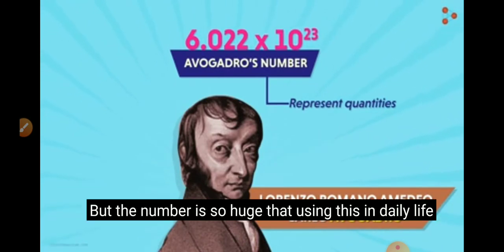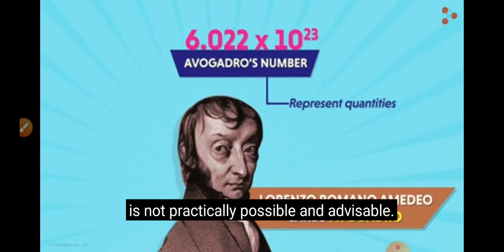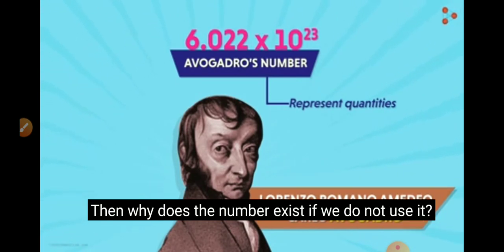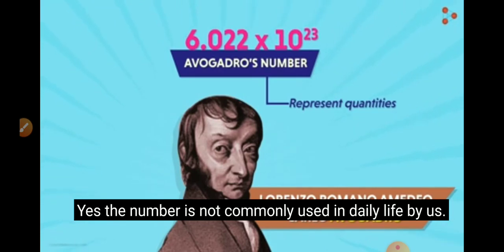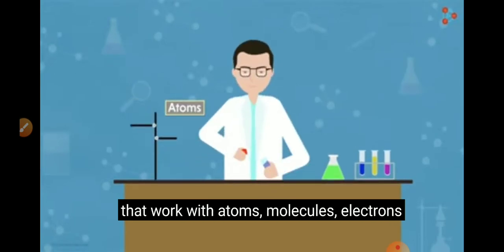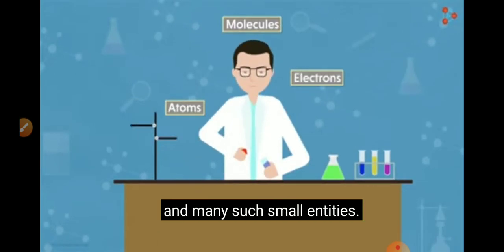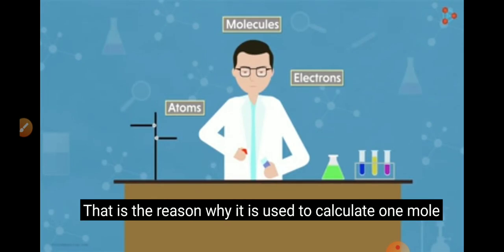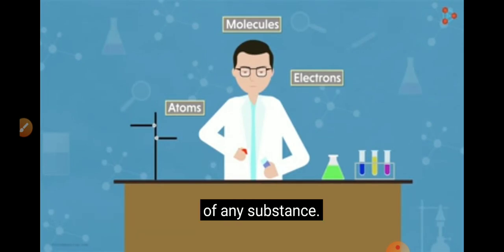But the number is so huge that using this in daily life is not practically possible and advisable. Then why does the number exist if we do not use it? Yes, the number is not commonly used in daily life by us. However, it comes to the rescue of chemists that work with atoms, molecules, electrons, and many such small entities. That is the reason why it's used to calculate 1 mole of any substance.